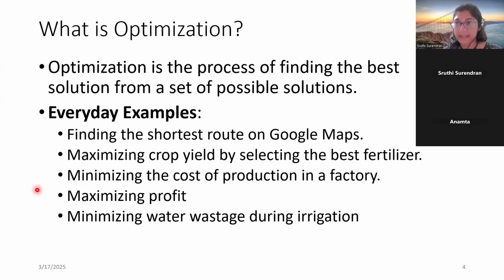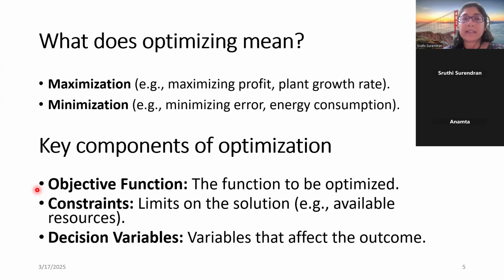If our best is to get the maximum out of it, then that is the optimal solution. If our best is to get the minimum, or minimize the cost or the loss, then that is our optimal solution. So optimization is basically nothing but maximization or minimization.